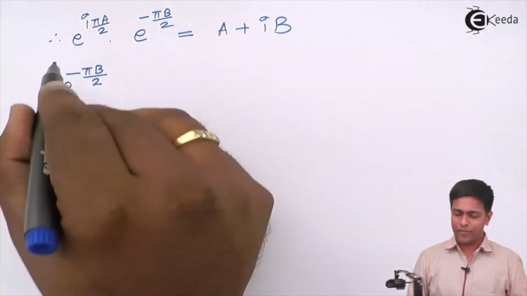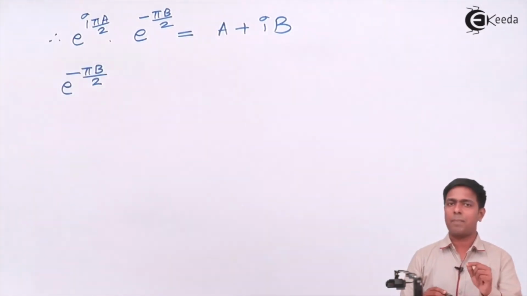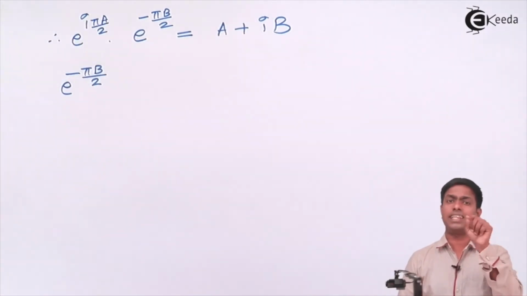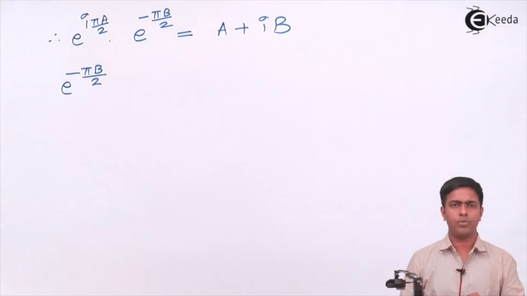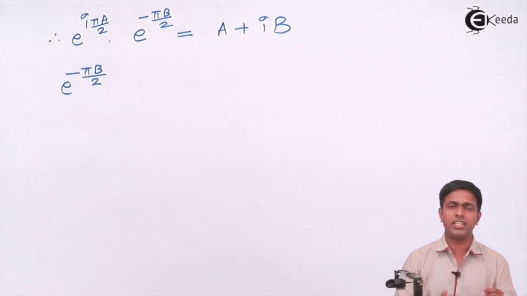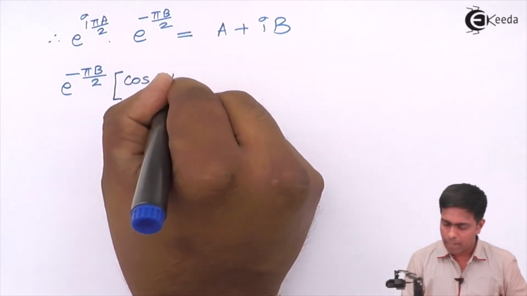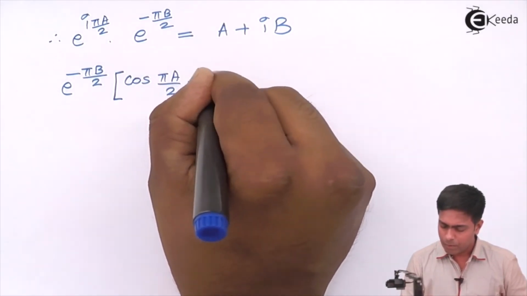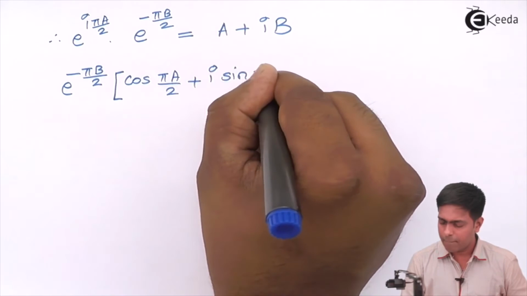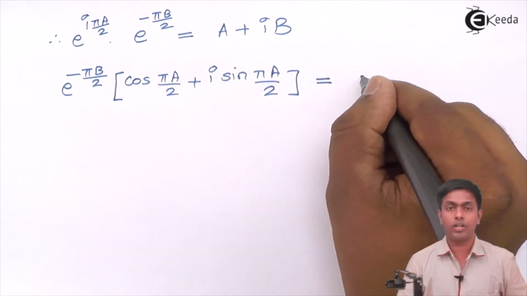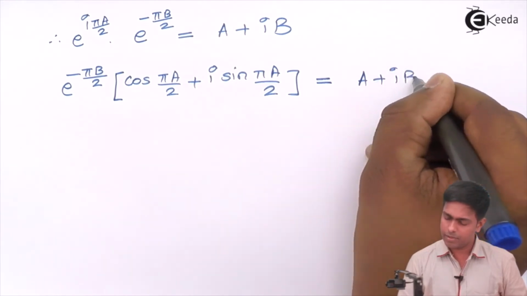But if you touch e raised to i pi a by 2, you can get something because it is in the form of e raised to i theta, where theta is pi a by 2. So e raised to i theta is cos theta plus i sin theta, and this will give us cos of pi a by 2 plus i sin pi a upon 2, which is equal to a plus ib.